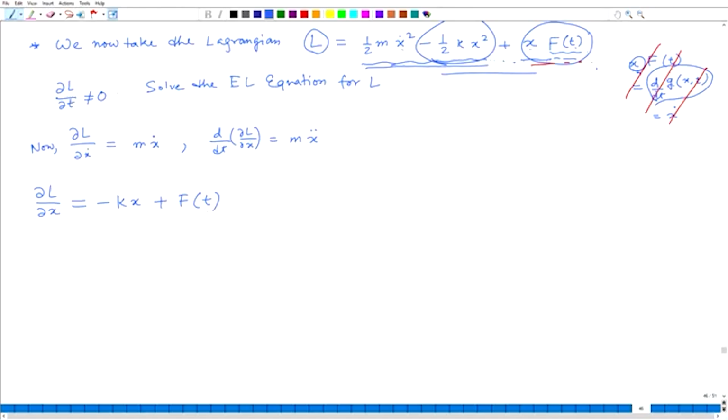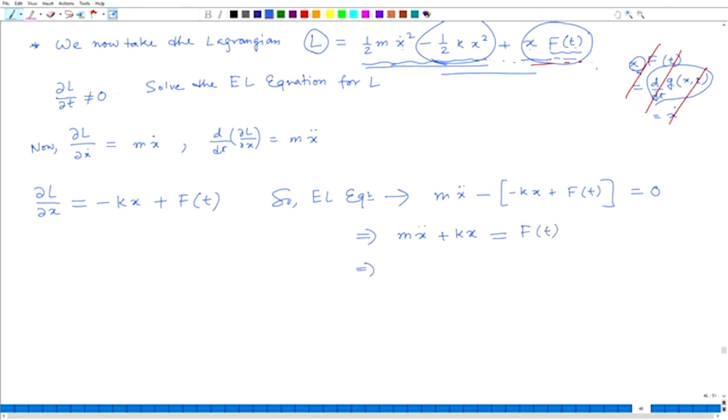Okay. I write, so the Euler-Lagrange equation again gives m x double dot minus k x plus f t is equal to 0, and that is m x double dot plus k x is equal to f t.